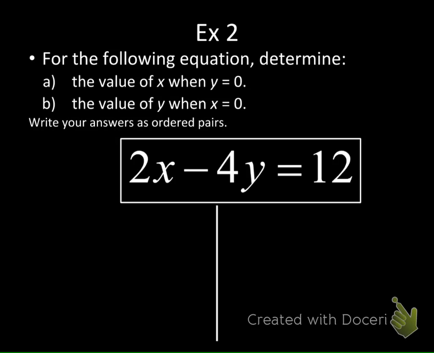So your new equation for example number 2 is going to be 2x minus 4y equals 12. We're going to follow the exact same steps as what we did for example number 1. I would do it the same way every single time because when you repeat, it tends to stick more.